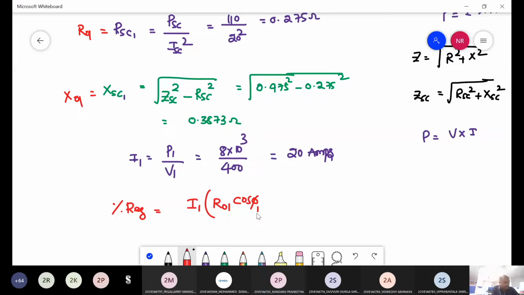What is that power factor? Power factor is given 0.8, lagging. That's why plus. If it is leading, the formula is plus or minus X01 sin phi, by V1, into 100 if it is percentage.